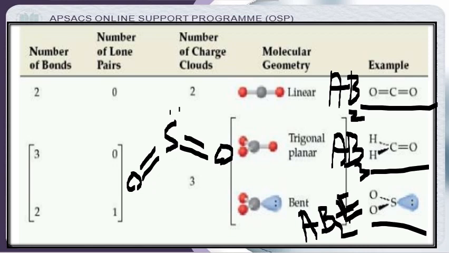So the shape will be a bent shape, as trigonal planar geometry is the parent geometry, but as there is a lone pair present, this repulsion causes the bond pairs to come closer, as I told you earlier. 2 types of repulsions are there, as there are 2 types of pairs, bond pairs and lone pair as well. So you have to say there are 2 bond pairs and 1 lone pair in sulfur dioxide, right? This is all about that.